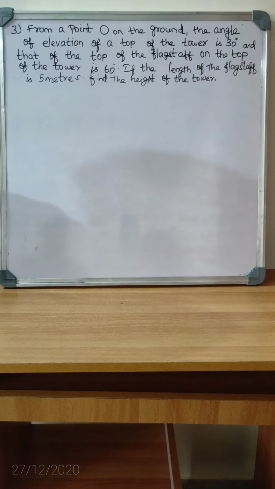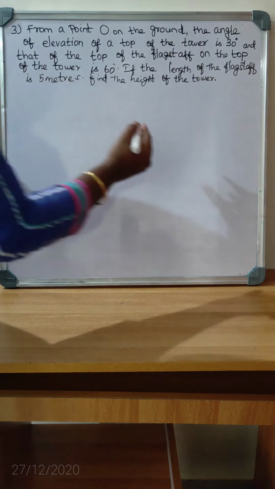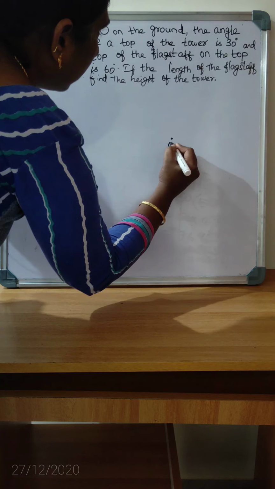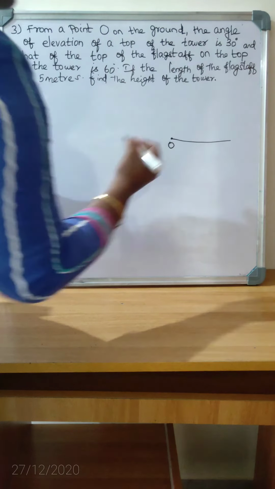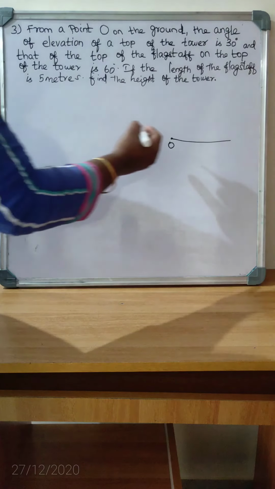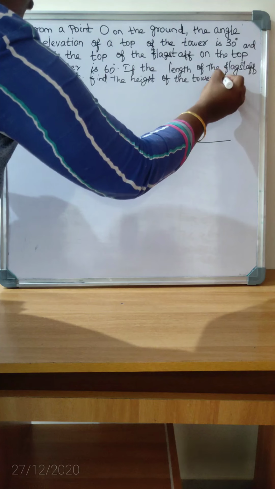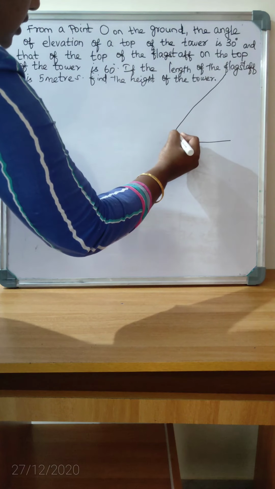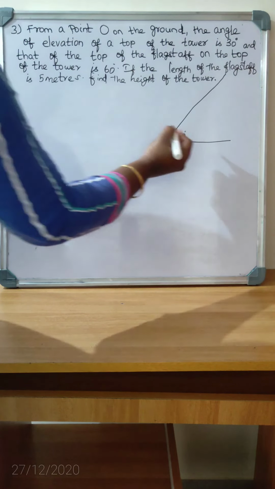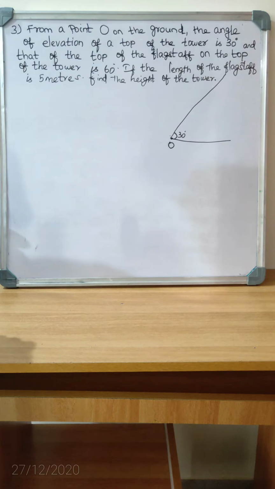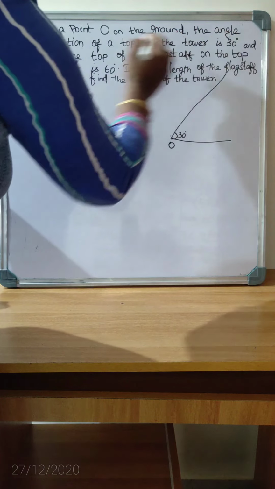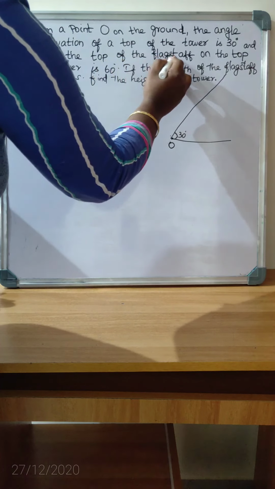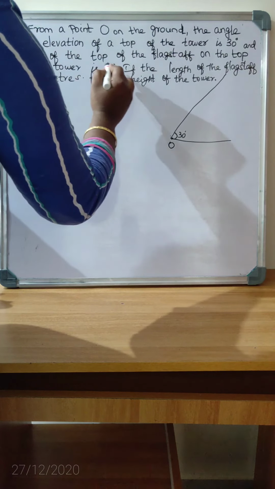So now we are going to draw the diagram. So we have a point O here. This point O is on the ground. From here, the angle of elevation of the top of the tower is 30 degree. And that of the top of the flagstaff on the top of the tower is 60 degree.